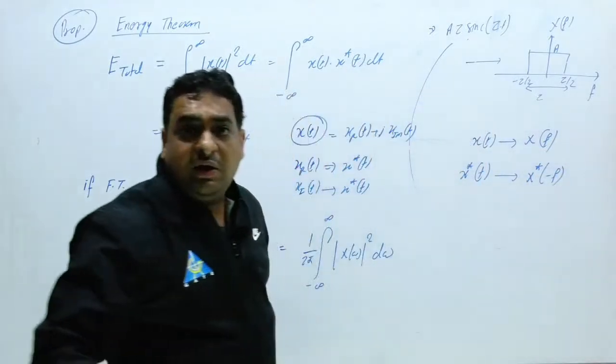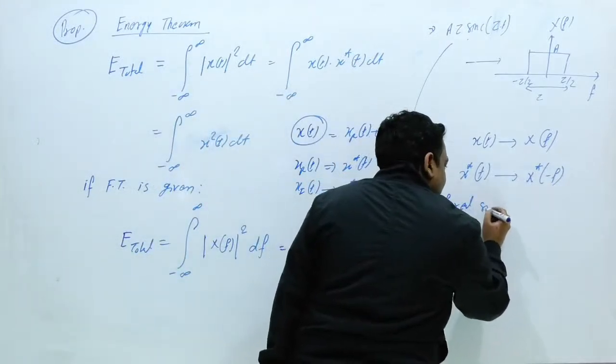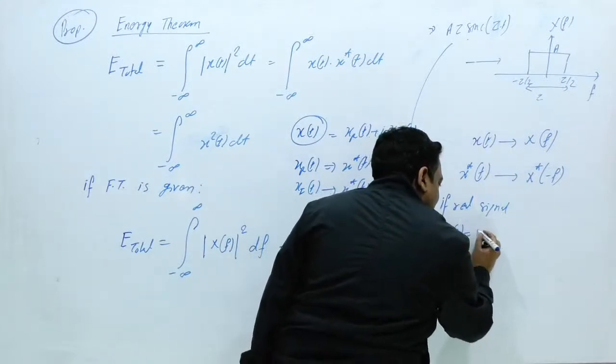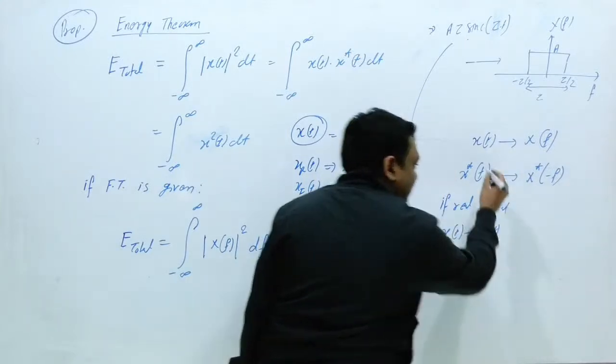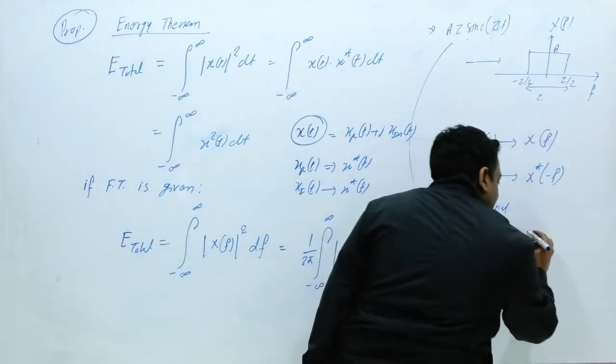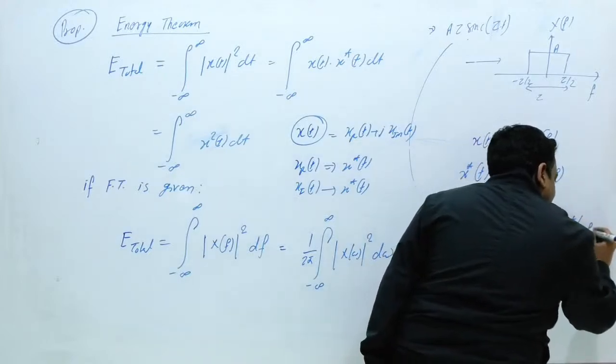Clear? Now if the signal is real, then x(t) is equal to x conjugate t, both are the same, so their Fourier transforms are also the same. Then X(f) should be equal to X conjugate of minus f.